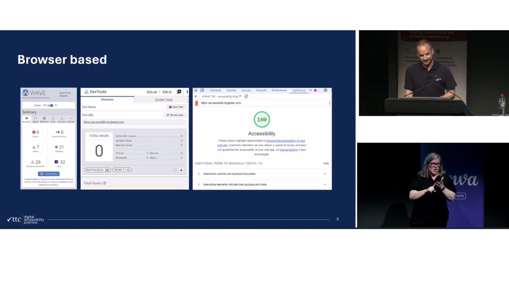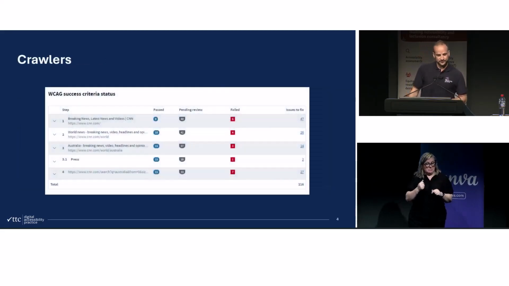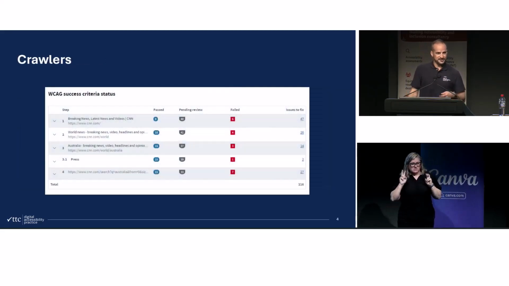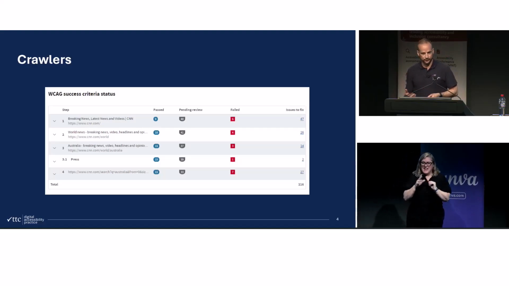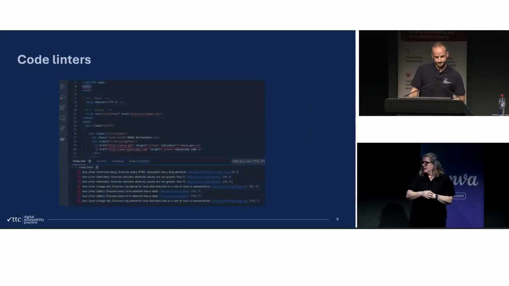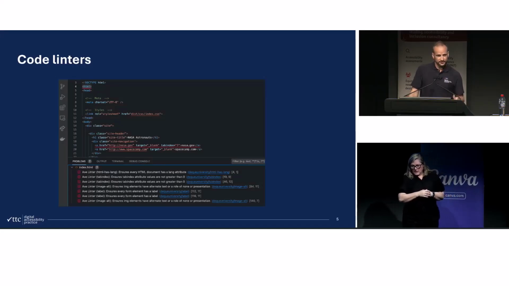So that's interesting. Another type of tool is a crawler, which can go through and test multiple pages at the same time and collate the results, and you can have tests that you can rerun later as well. There are code linters, which highlight potential accessibility issues as development is happening, whether in the code editor, or in your code repository or pull request system.